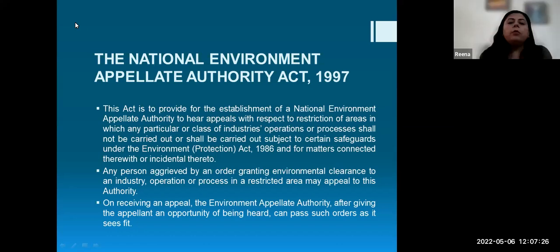The person aggrieved by any environment clearance order to an industry in a restricted area can apply to the authority. Upon receiving the appeals, this authority can hear them and pass such order as it sees fit.